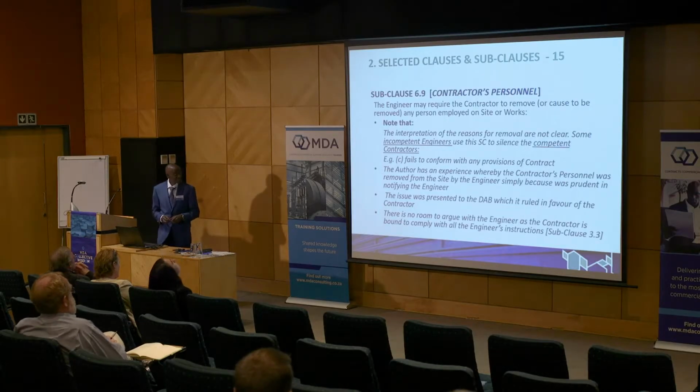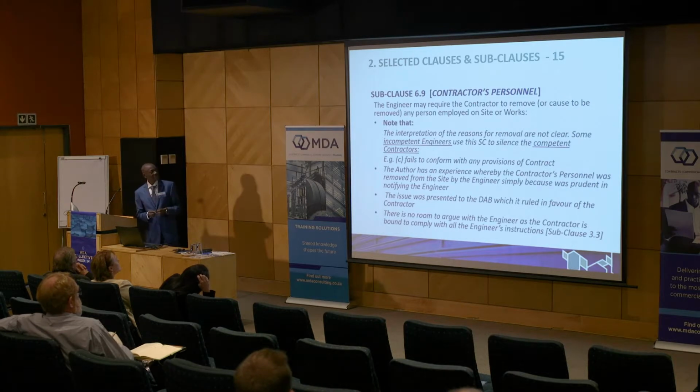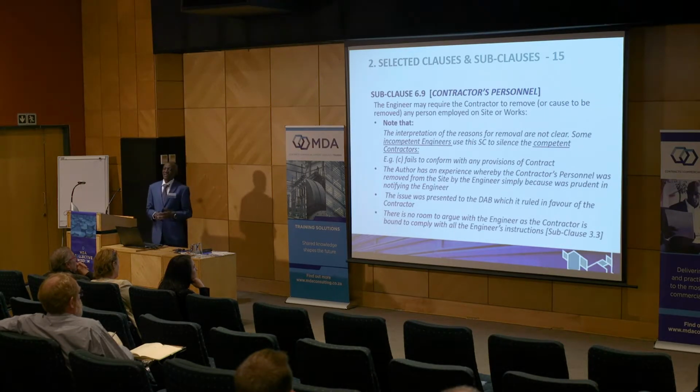Another interesting subclause which I've selected is subclause number 6.9, contractor's personnel. Under this subclause, the contractor's personnel must be experienced, qualified, and skilled enough to hold that position.